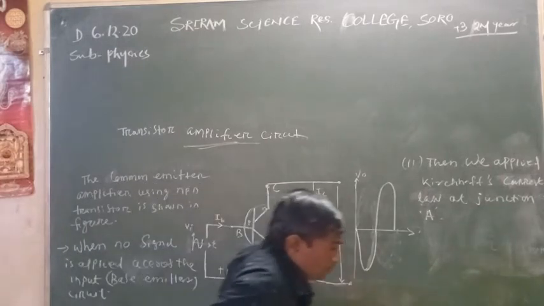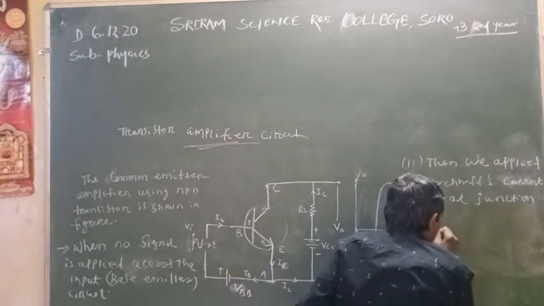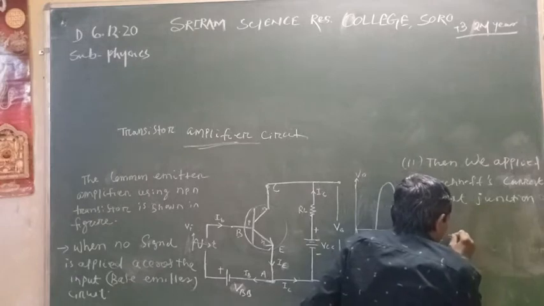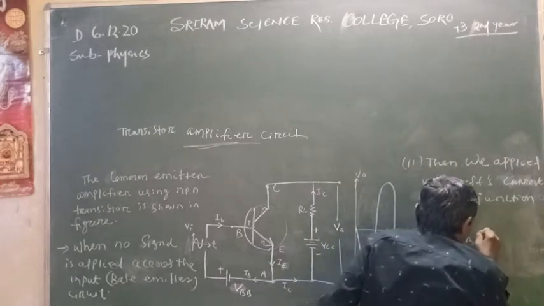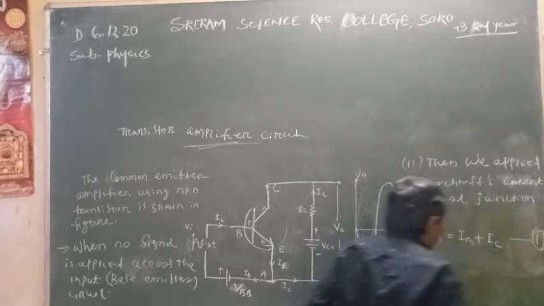Now we write IE equals IB plus IC. This is equation 1.